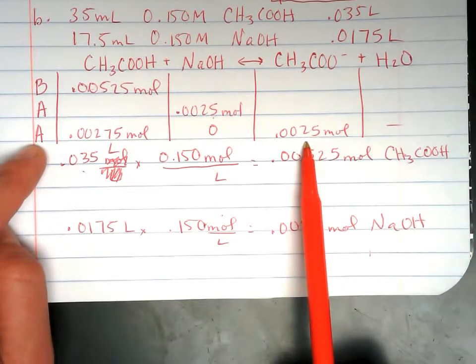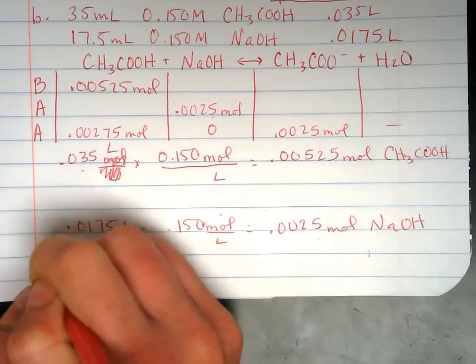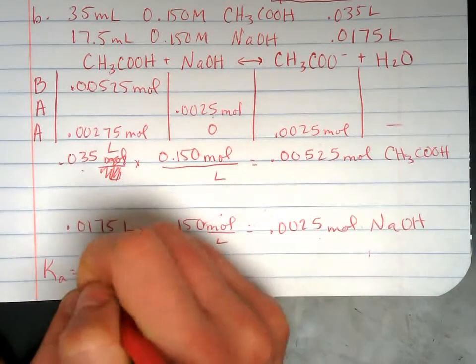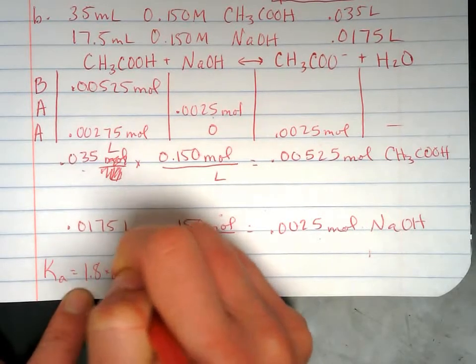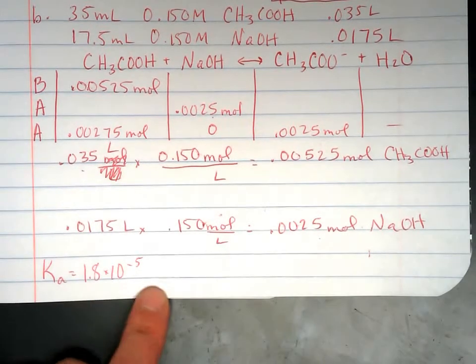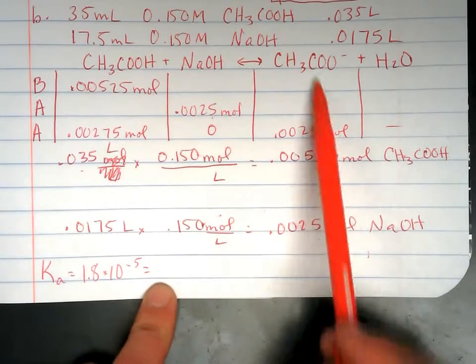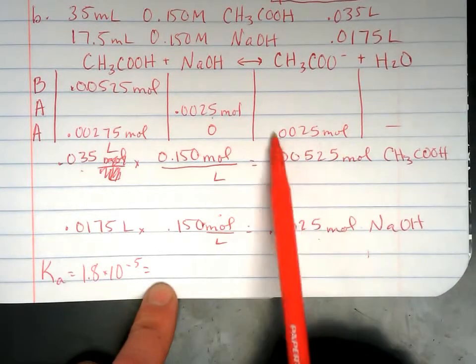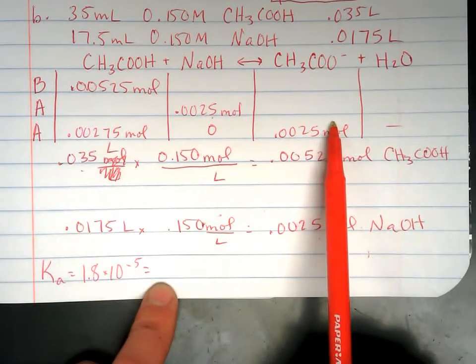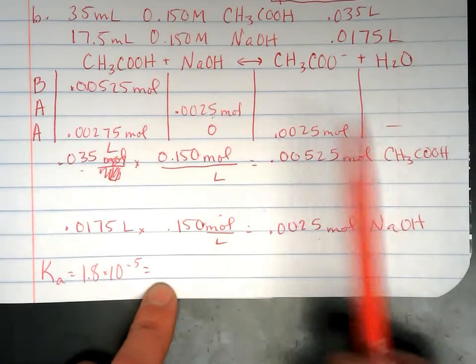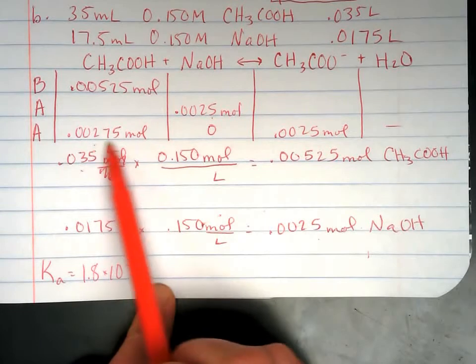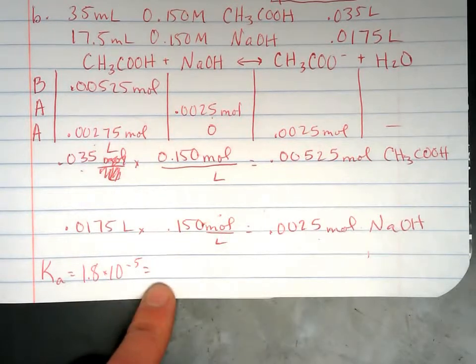Now we need to calculate our pH, so it's going to become important. I know that my Ka for this is 1.8 times 10 to the negative fifth. And this is equivalent to the concentration of my product, so my conjugate base times H plus, over my reactant, which was the acetic acid.